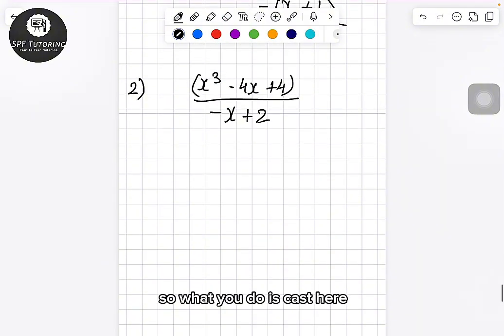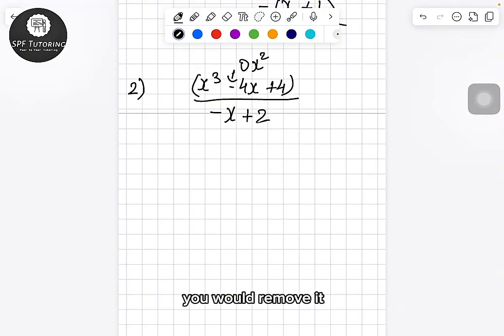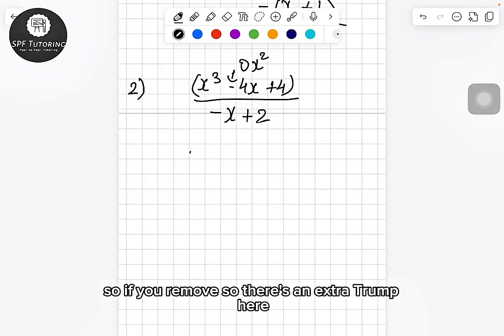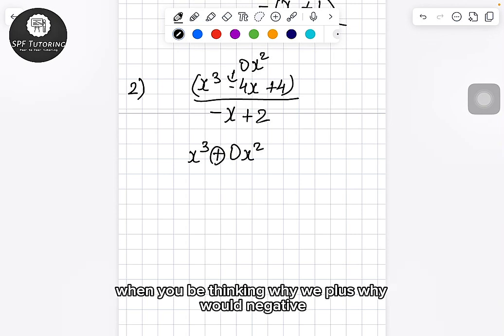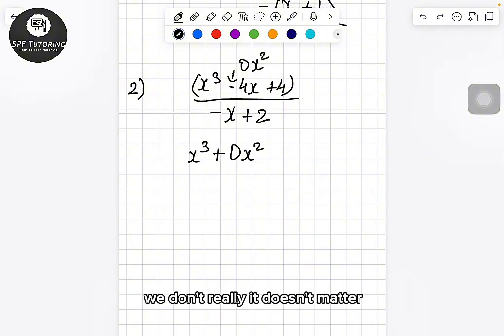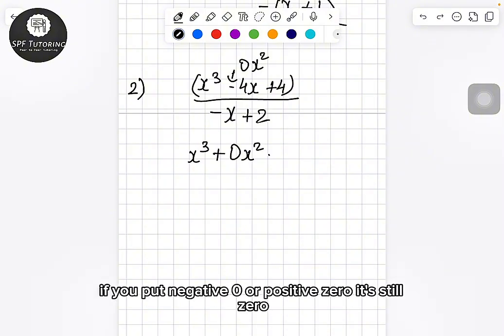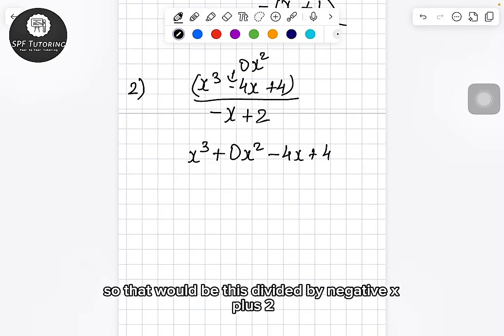Because there's a missing term here, which is 0x squared. If it's 0x squared, you would normally remove it, because 0 times any number is 0. But there's an extra term up here. So the real division is basically x cubed plus 0x squared, and you might wonder why plus, why not negative? It really doesn't matter if it's negative or positive 0, it's still 0. So that would be this divided by negative x plus 2.